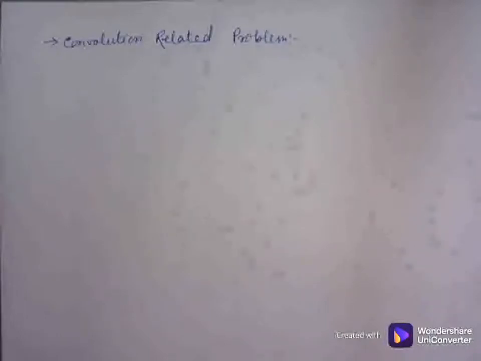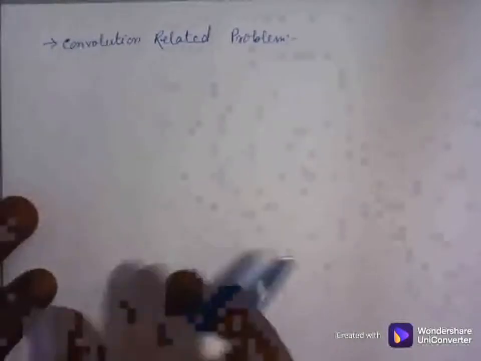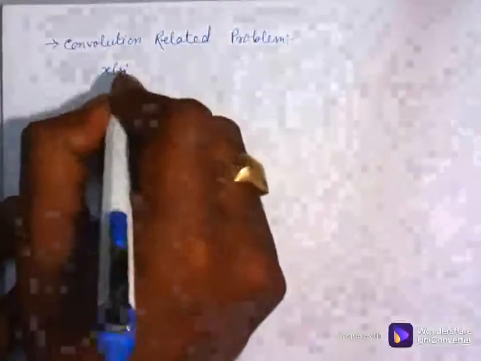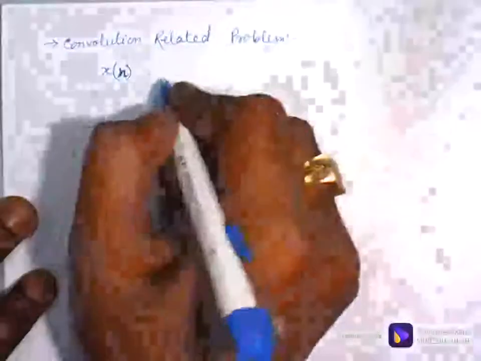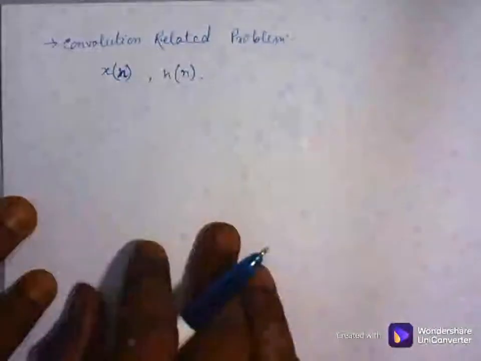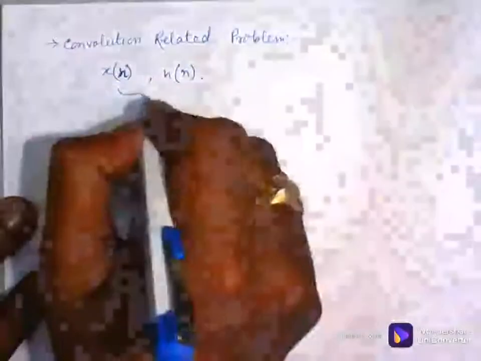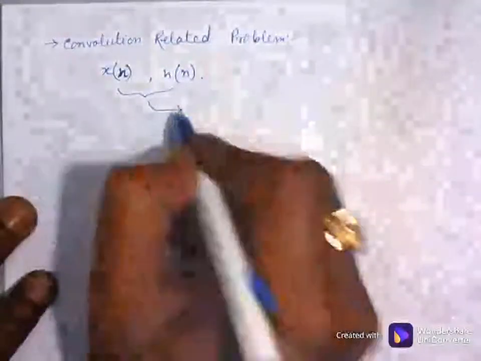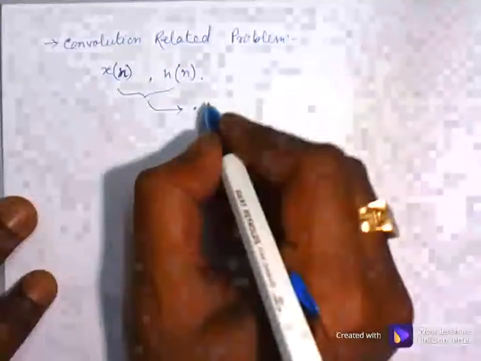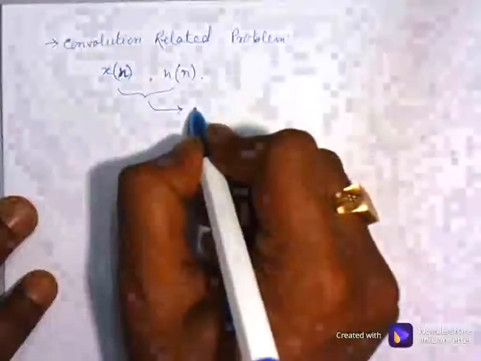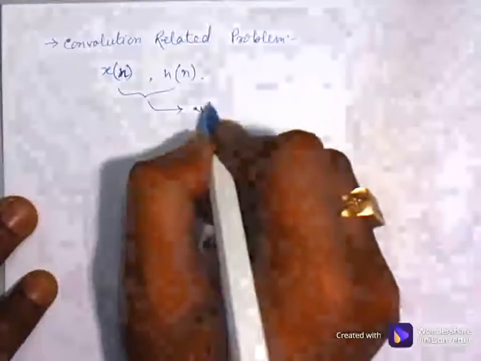So suppose you have two signals, one represented by x of n and another one h of n. Then you have to combine these two signals, and this is known as the process of combining two signals.